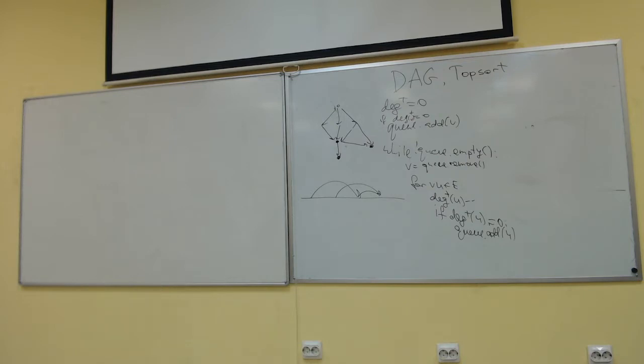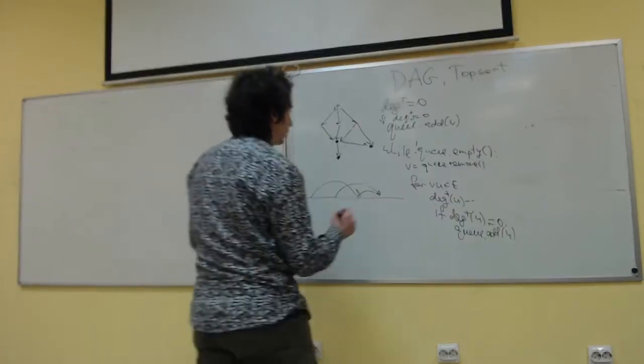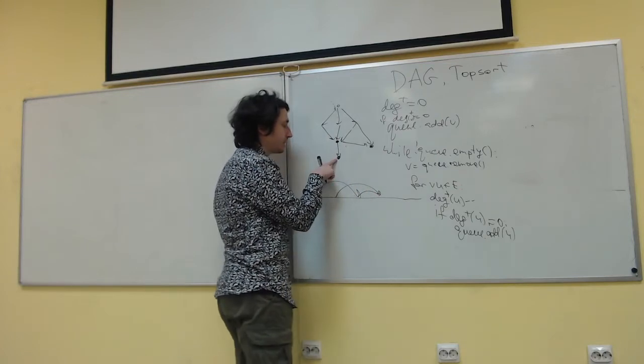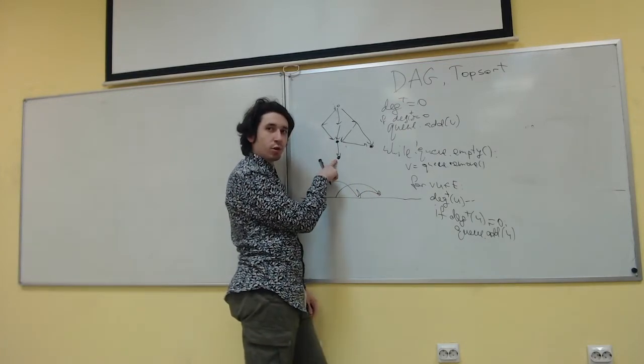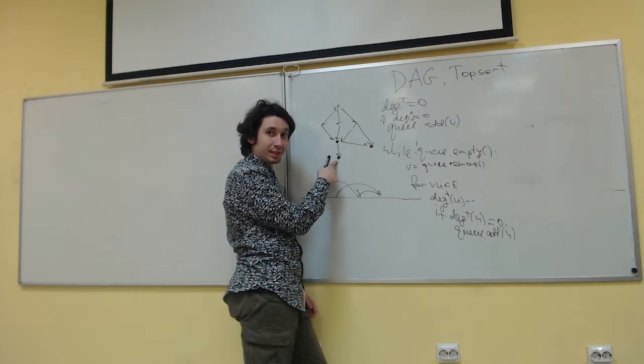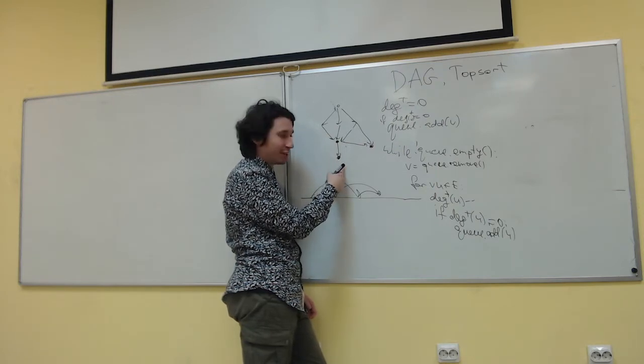Let me give you a hint. So, what is the longest distance from the node with 0 outgoing edges? It is 0, right? Because it has no outgoing edges, so it is 0.